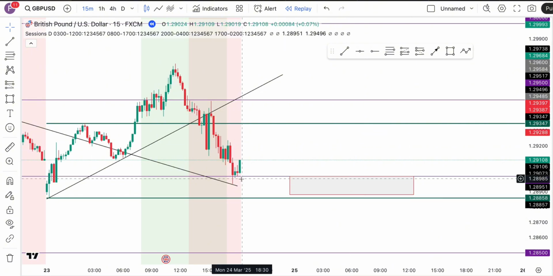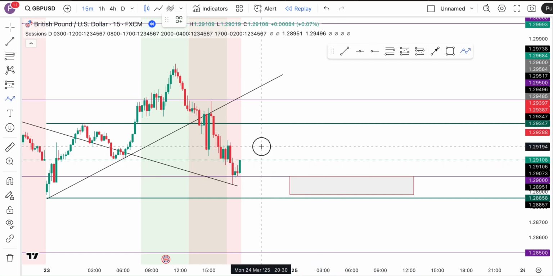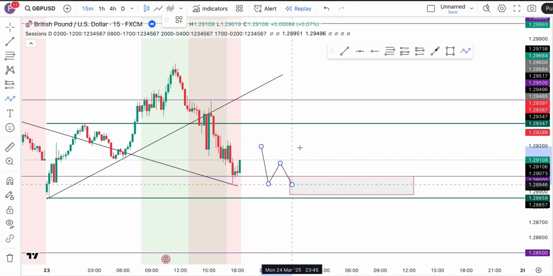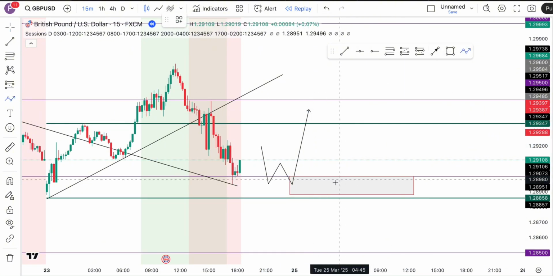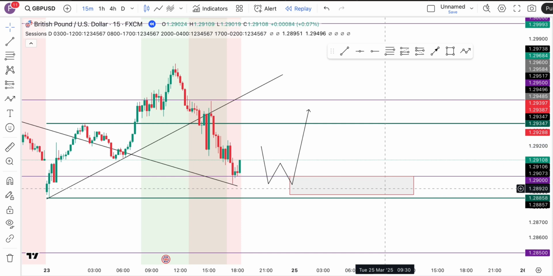So around this point here, I'm having psychological level, I'm having low of the week. What I'm waiting for here is a W pattern. If I see a W pattern, I'll be buying. W signifies buy, while M signifies a sell.